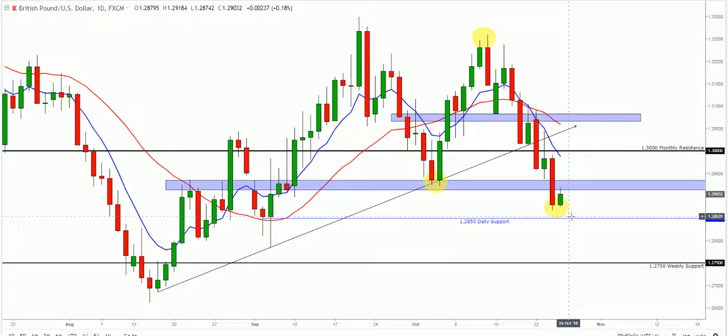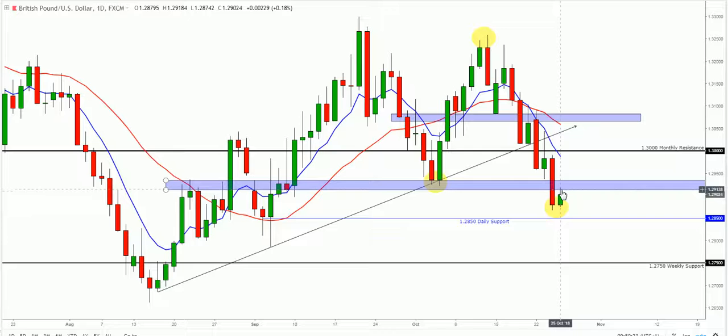We may see a tap of this daily support before turning upside and heading back towards this 1.3 potentially next week. This could be a lower high to this up here before heading lower back down towards our weekly support.